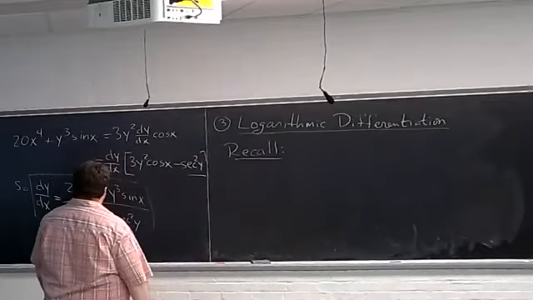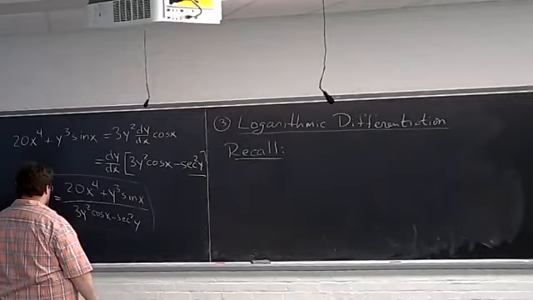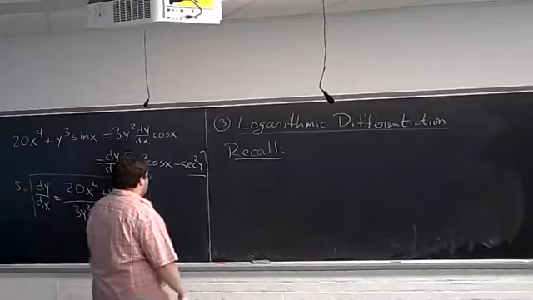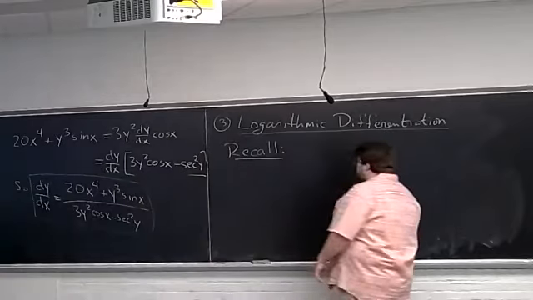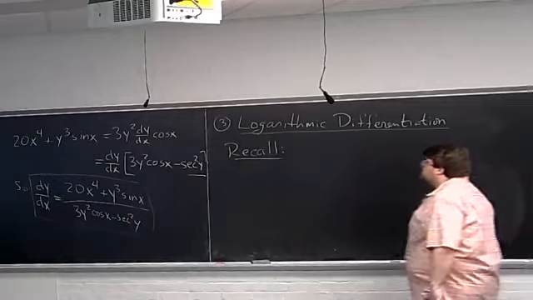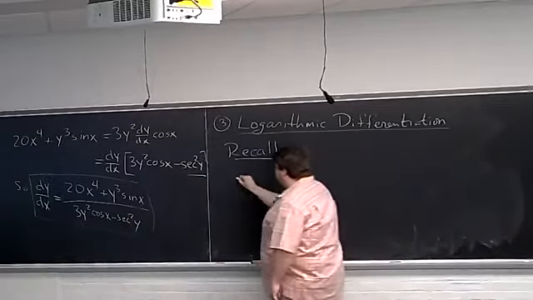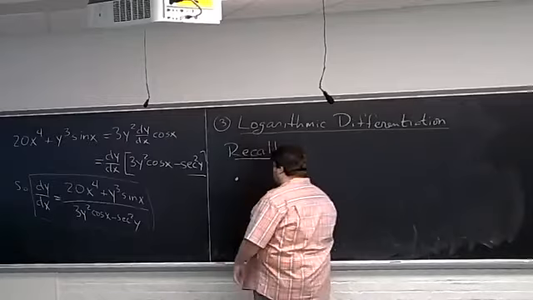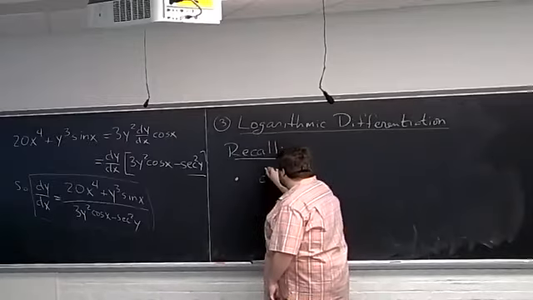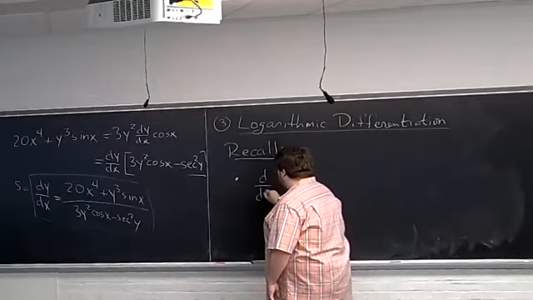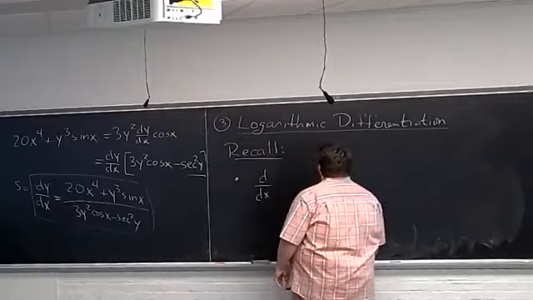I think I just realized recollection is the noun form of recall, isn't it? Huh. Recall. Remember, we have this. This is going to be bulleted. So that's a bullet, not a multiplication.